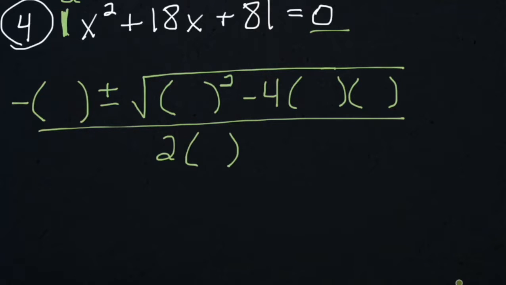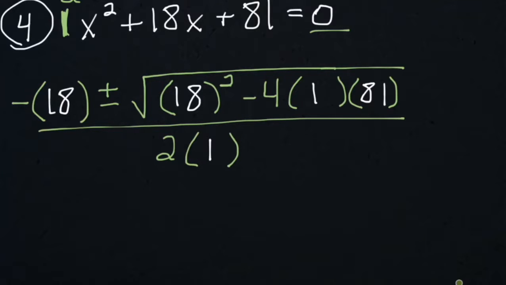Now we can plug in the values for a, b, and c. So I have negative b plus or minus b squared minus 4 times A times C divided by 2A. Plugging it in. Easy enough.